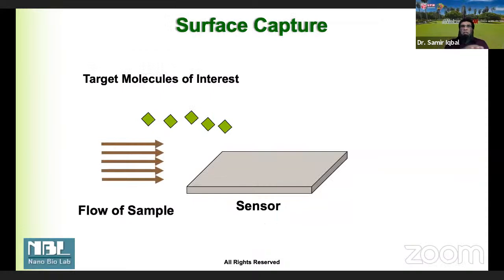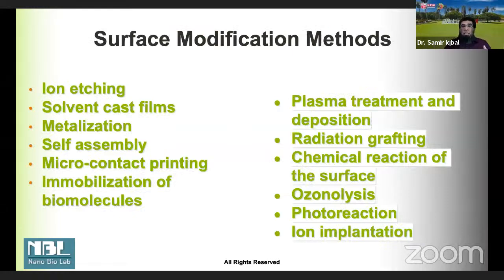If you think about it, if you have a chip surface and you bring something in contact, they're going to just get washed away unless we make that surface selective or put some molecules on top of it. So this is an area which is called surface modification or chip modification, and there are many ways how we approach it. We can do the etching of the surface to change the properties.